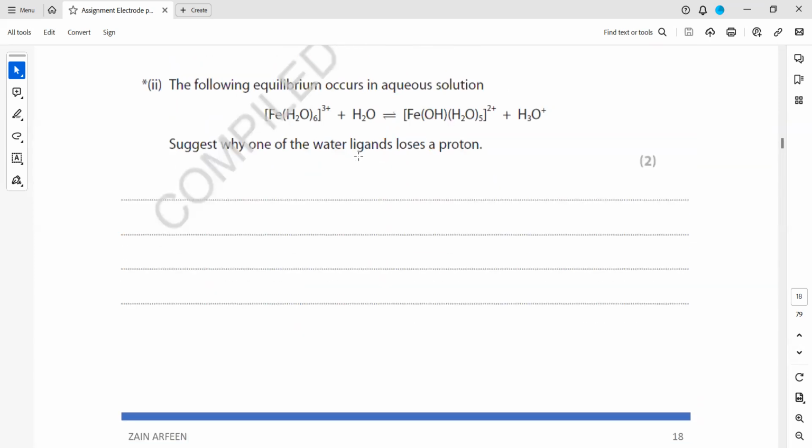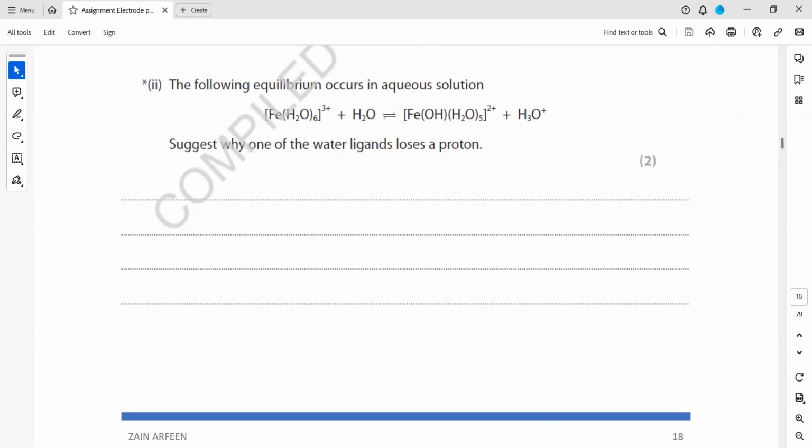The next is: the following equilibrium occurs in aqueous solution; suggest why one of the water ligands loses a proton. So, why is the proton removed, or why is the H plus removed?